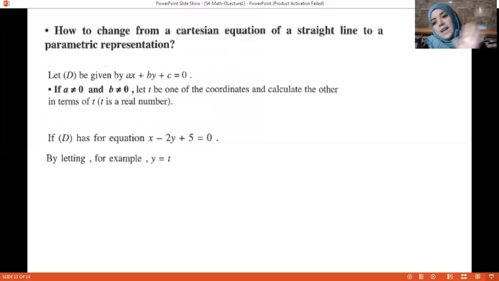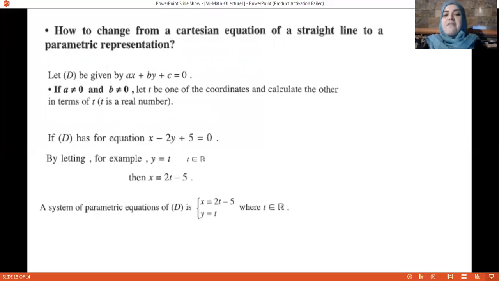You can choose any parameter that you want. So suppose we chose that y equals t. I'm just going to replace y with t. So you are going to get x equals 2t minus 5, because I replaced y by t. So I have the parametric equation.